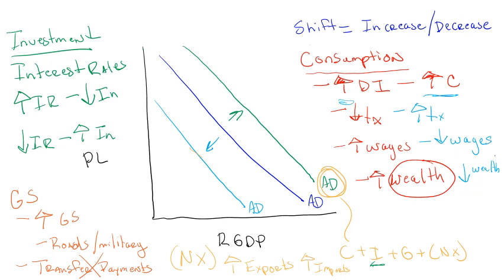Why? If we're exporting more, that means more people are buying goods from the United States, and that means more people in the United States are getting wages, thus more money is flowing through the economy. Flip that over, if we're importing more, we're taking money out of our economy and giving it to China, Vietnam, and less money is circulating through our economy and our wages, so that will have a negative impact.